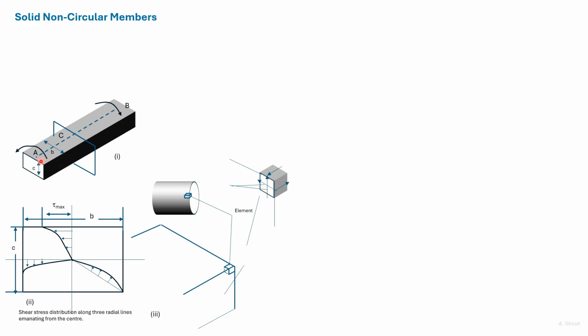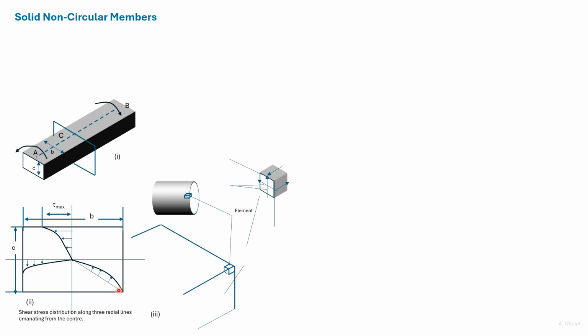So this line, which joins the midpoints of the larger side, has the maximum stress if any section is taken. Here the stress distribution has been shown along only three radial lines. So this line, and this line.